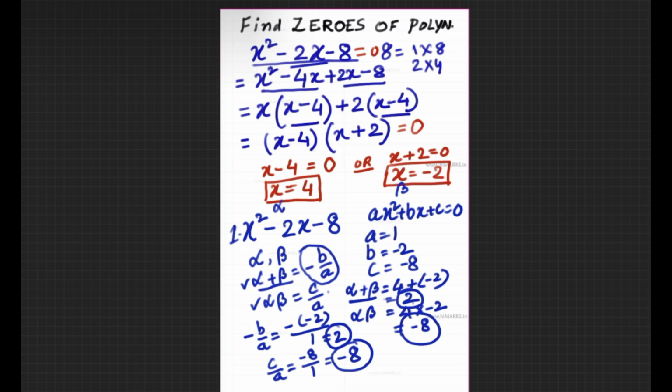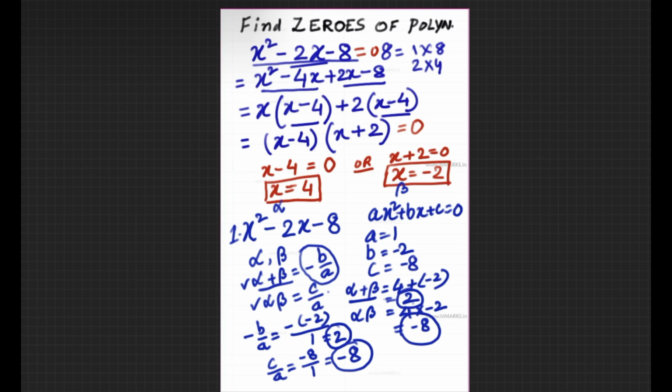And if you add up these two zeros, we get 2, and minus b by a also gives 2.